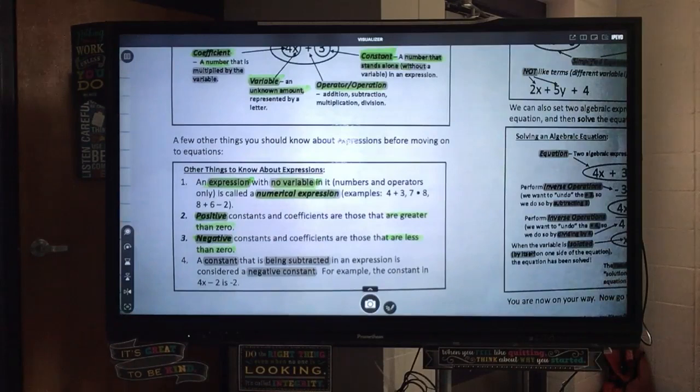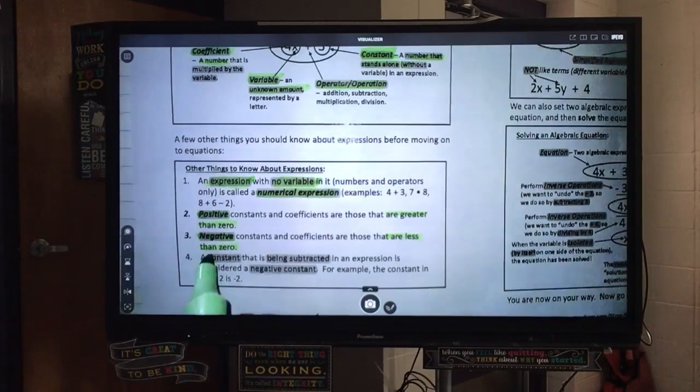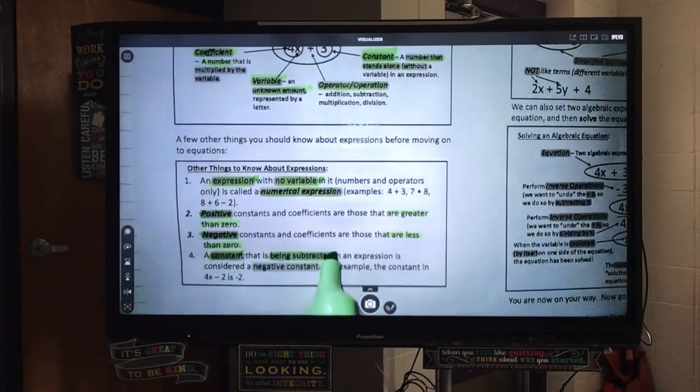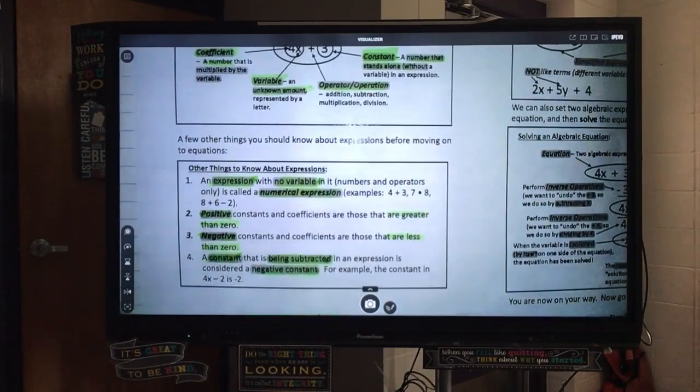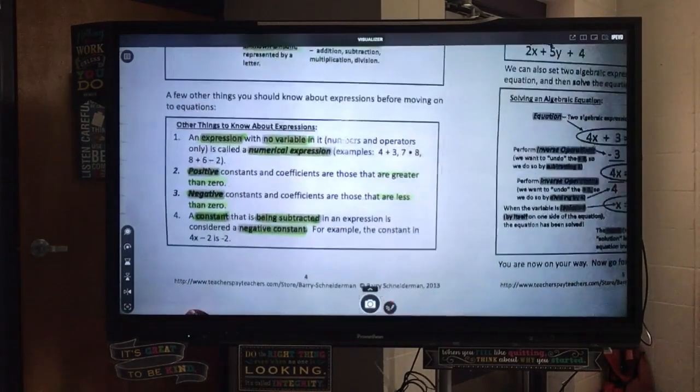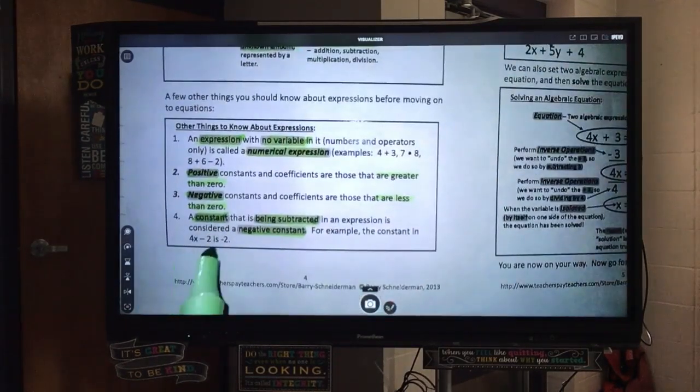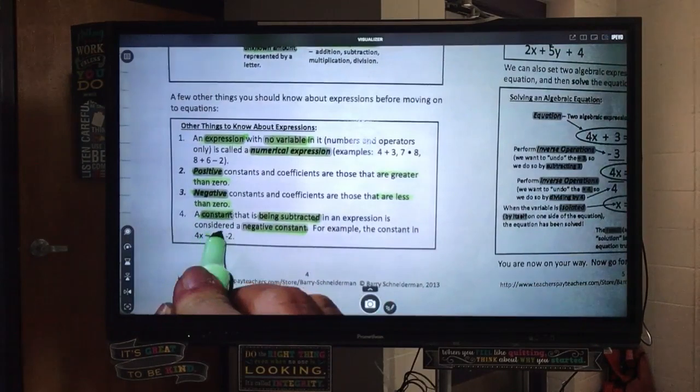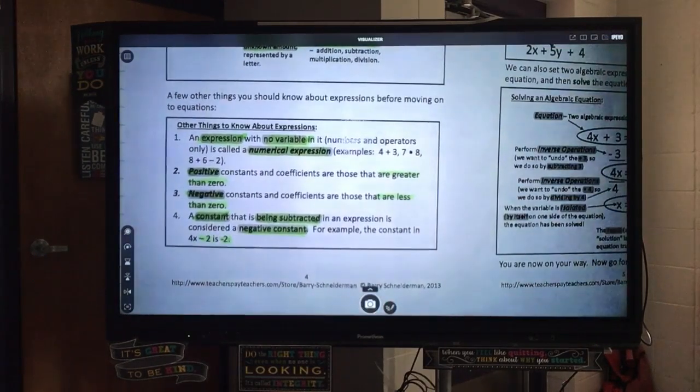All right, the last thing: a constant that is being subtracted in an expression is considered a negative constant. Your example is 4x minus 2, so this minus 2 becomes negative 2.